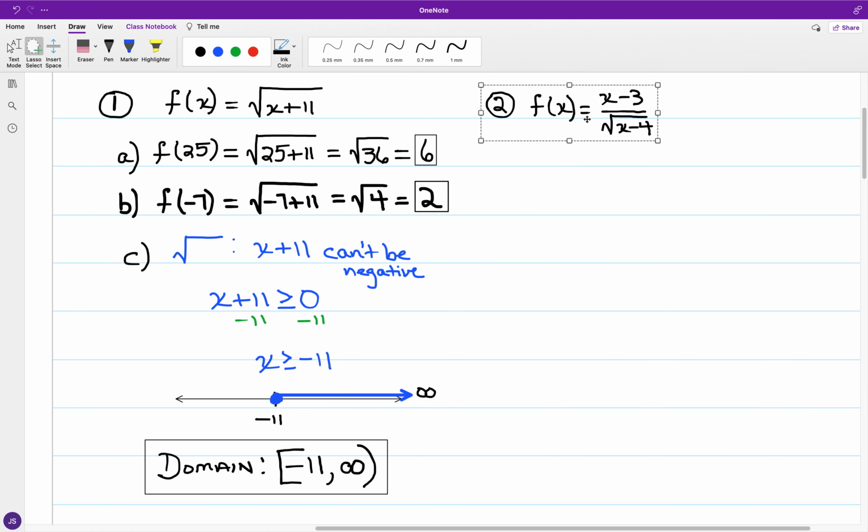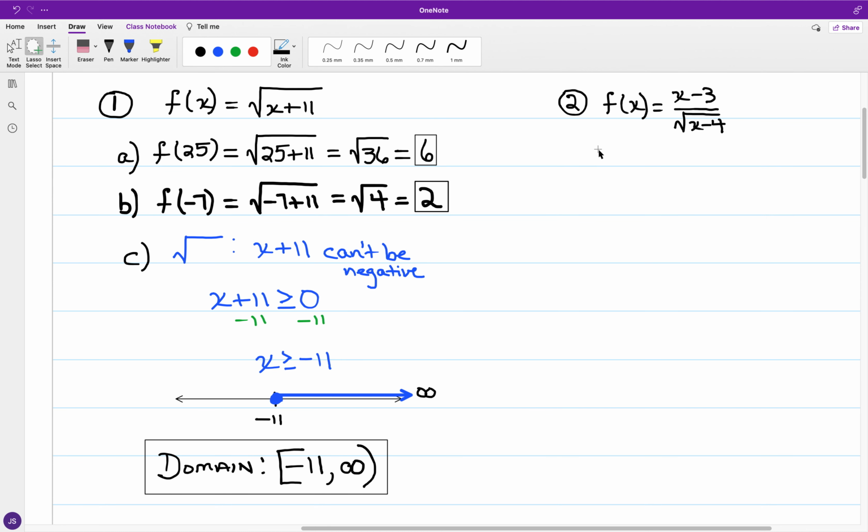So in part A, we have f of 5, and that is equal to 5 minus 3 all over the square root of 5 minus 4.